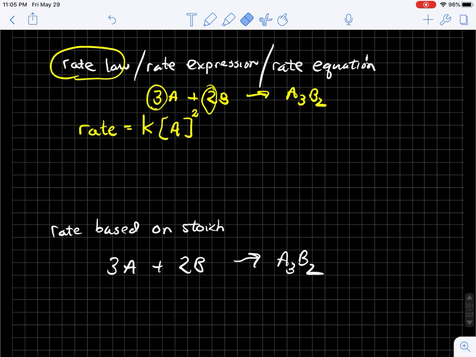We can very easily get this as a rate law, K times A squared. Again, the rate law is based upon the data that you get from that lab and not from the stoichiometric equation that's put before you.